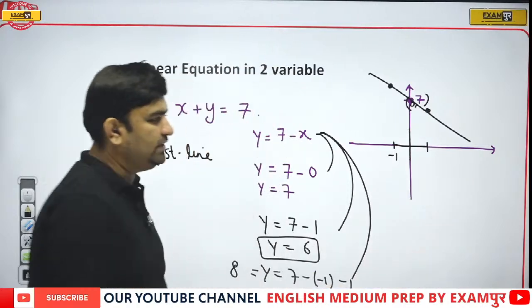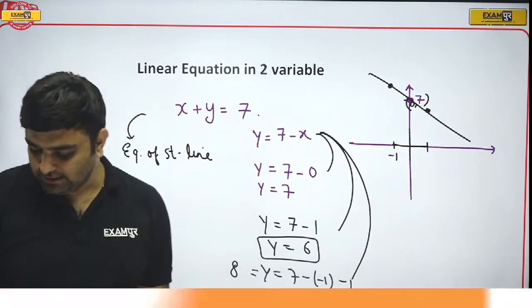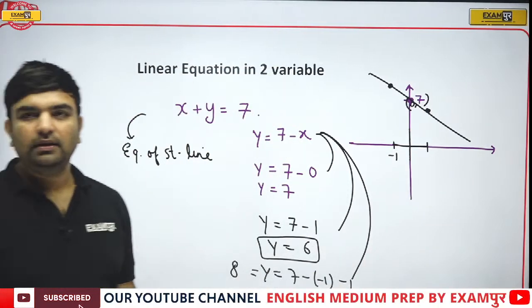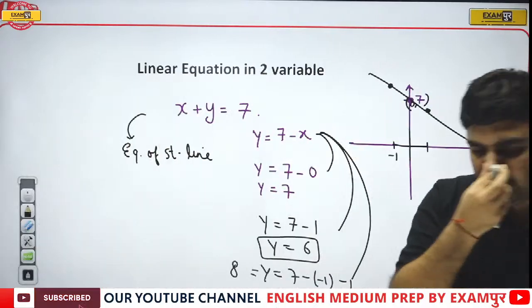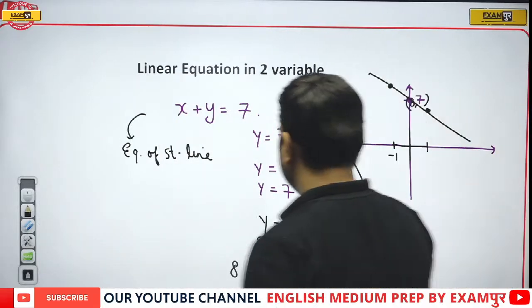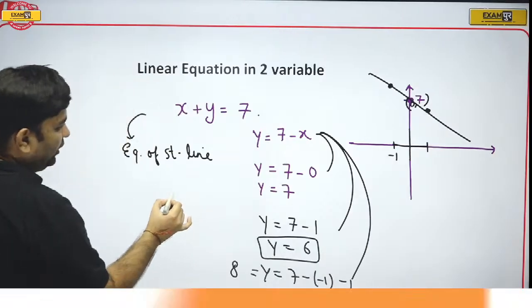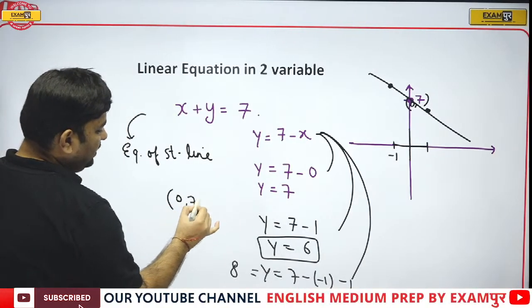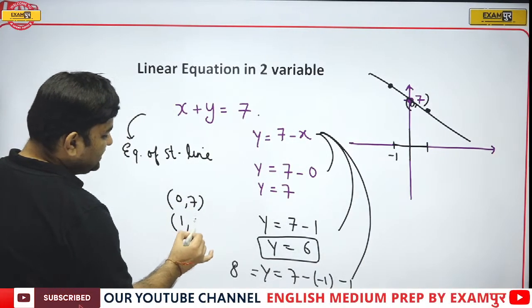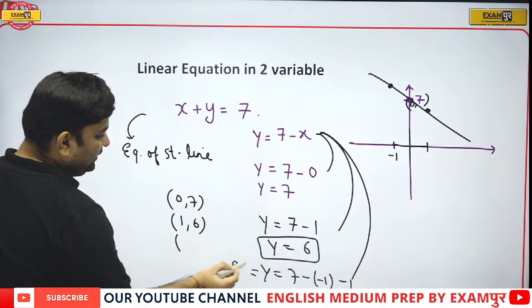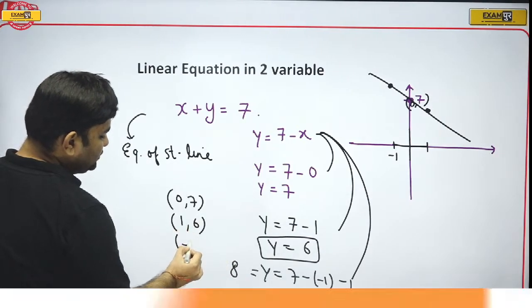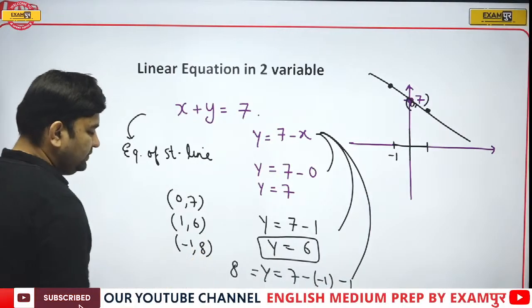This is the graph of the straight line. Is it clear? So we have plotted 3 points. One point was 0, 7, another point was 1, 6, and another point was minus 1, 8.